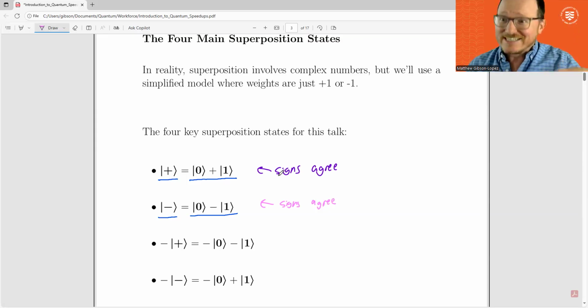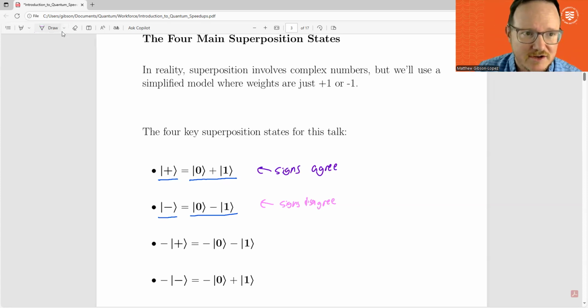By the signs agree, I meant to say disagree for the pink one. Here the signs agree because they're both plus 1. In the minus ket, the signs disagree. 0 is plus 1 and 1 is negative 1.